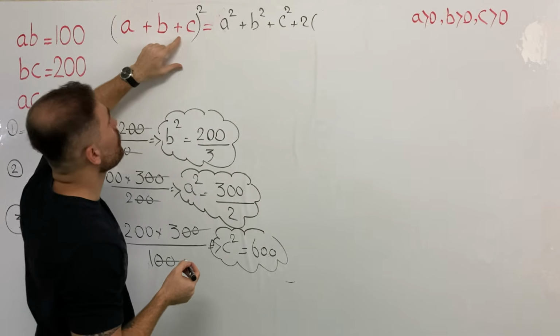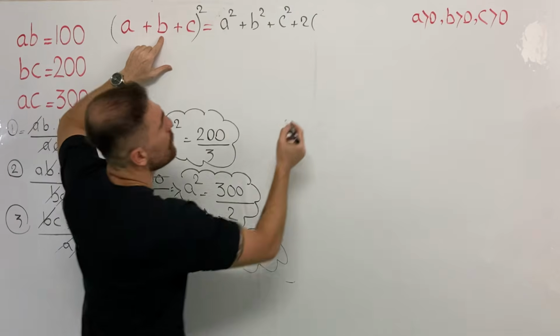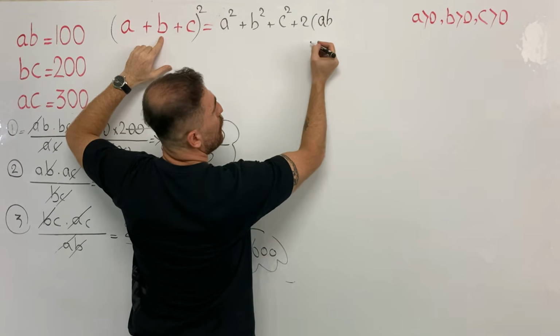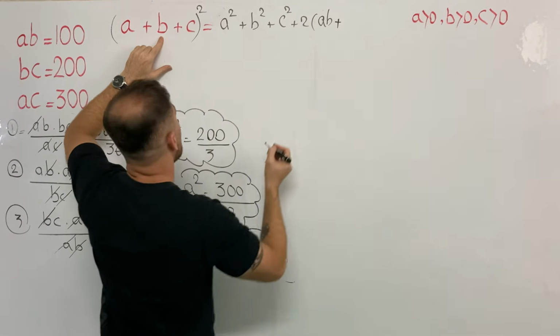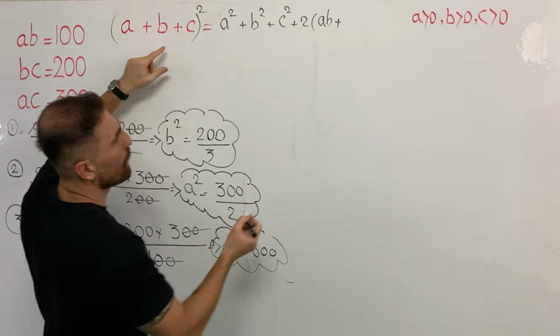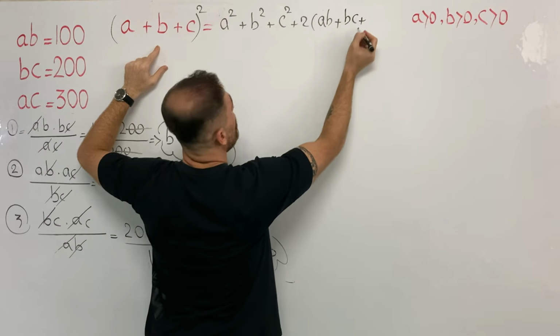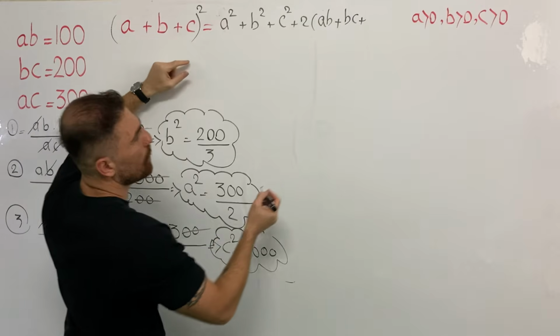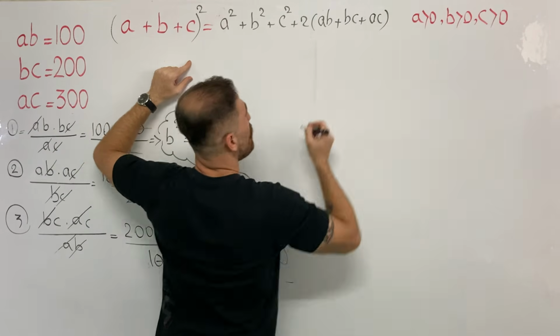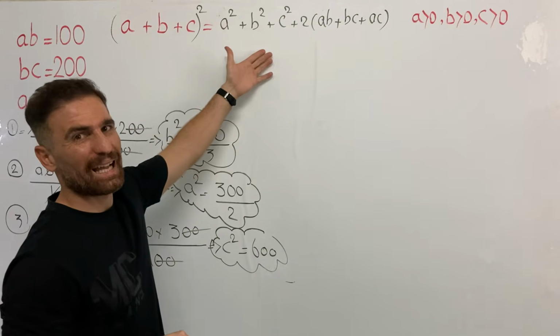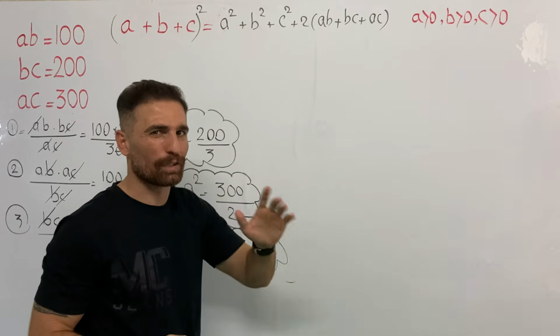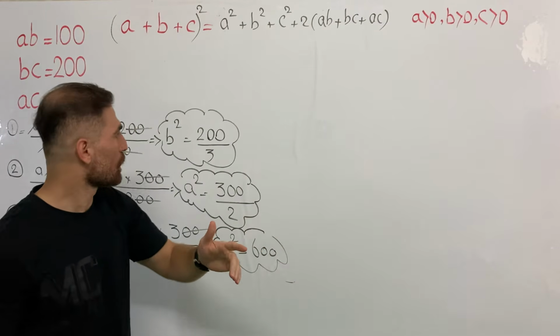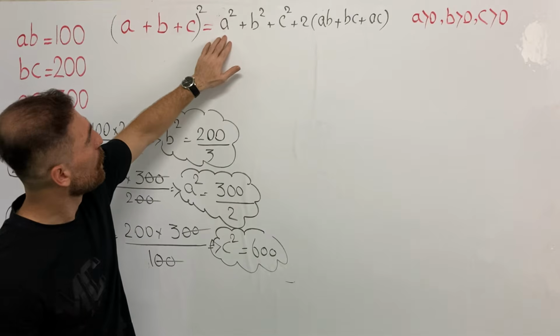Can you remember? First term times second term, which is the product of the first term and second term, plus the product of the second term and last term, plus the product of the first term and last term.